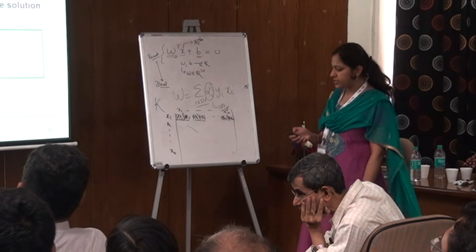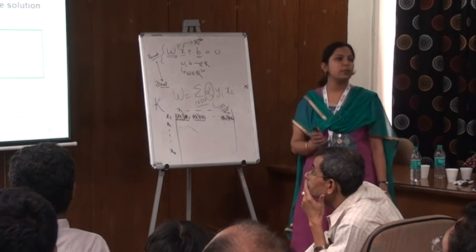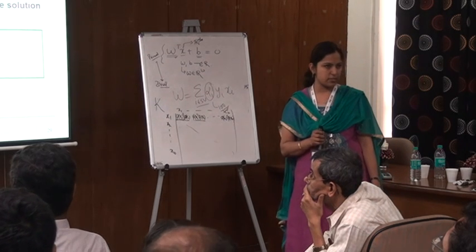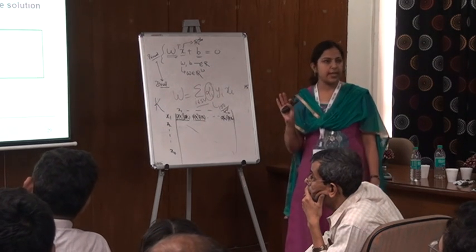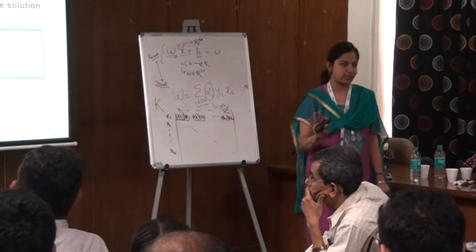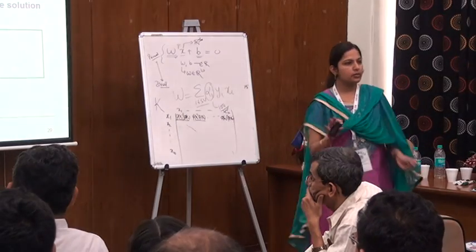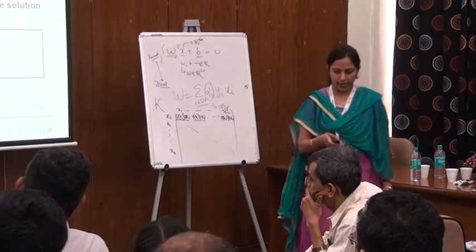So what I need is that this objective function should be positive semi-definite. So any K matrix which is positive semi-definite, I can take and put it here and do the classification job.